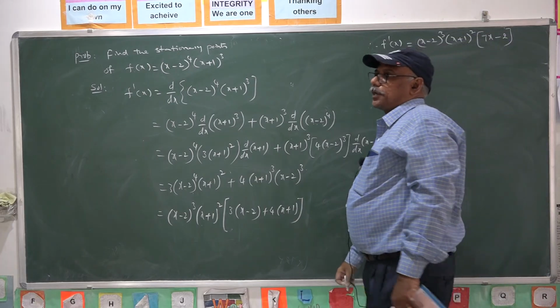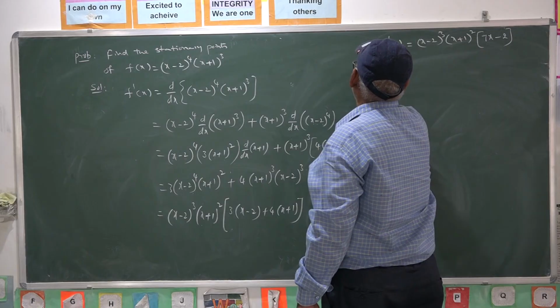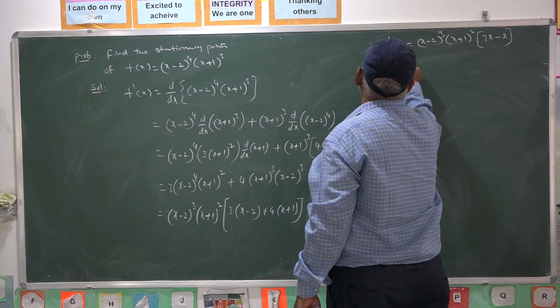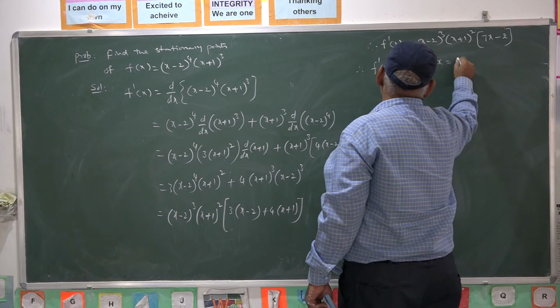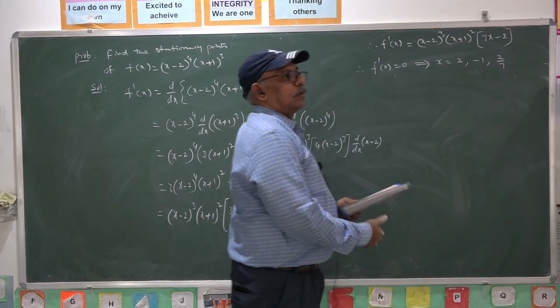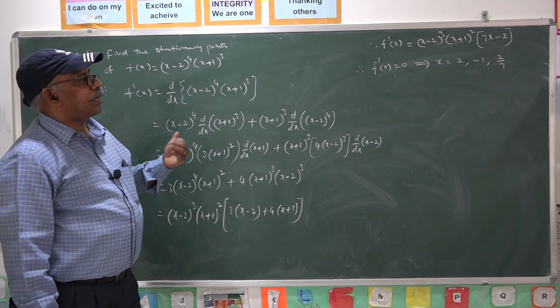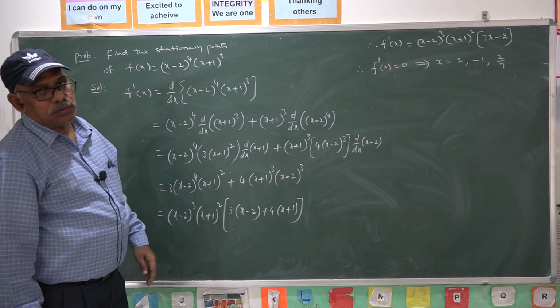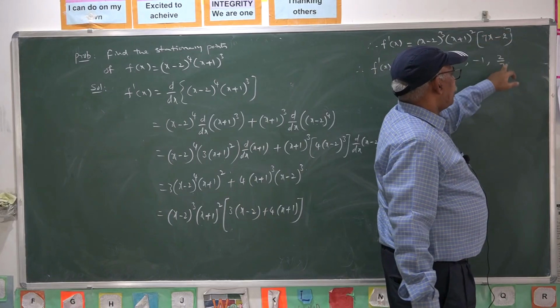Now to get the stationary points, f dash x must be 0. So f dash x equal to 0 implies these three factors are 0, meaning x equal to 2 or minus 1 or 2 by 7. Making this one 0, you get this point.